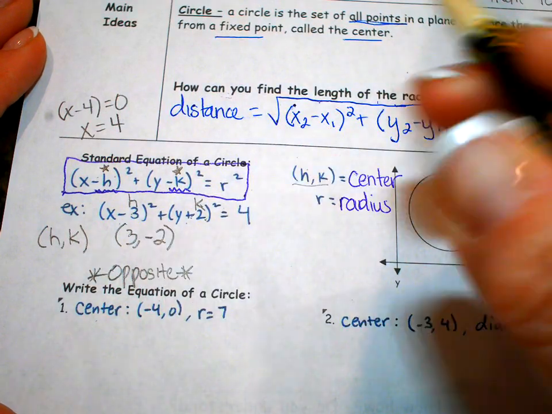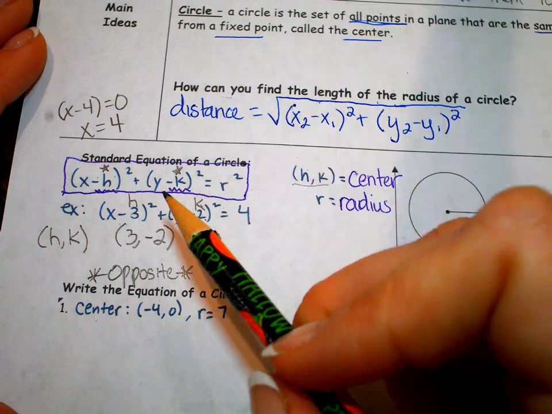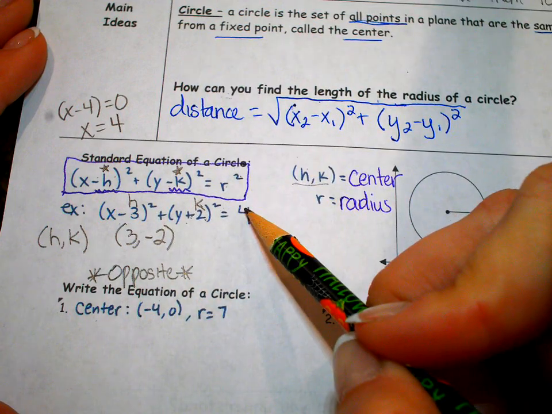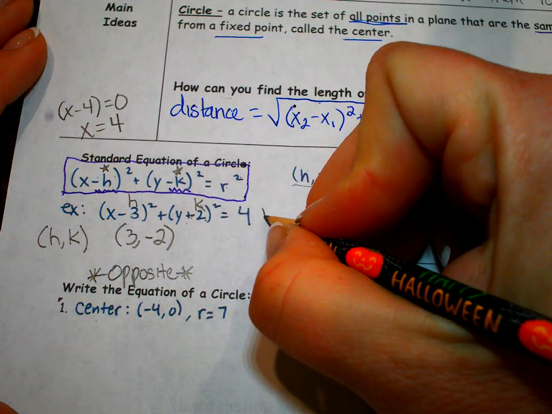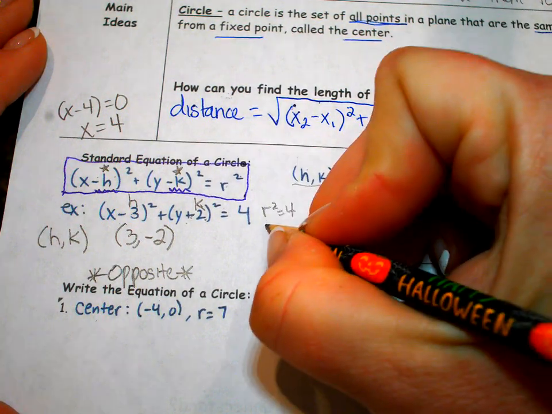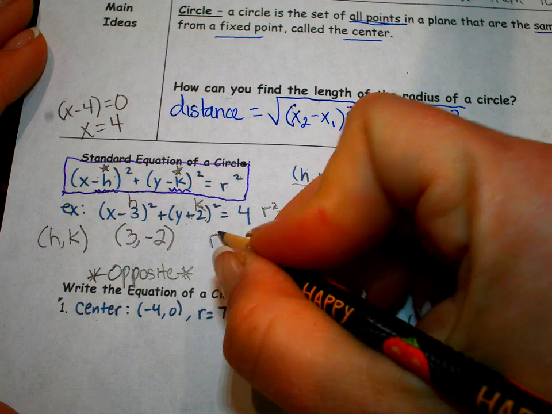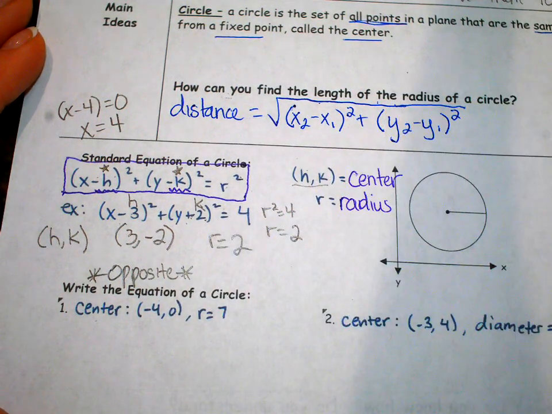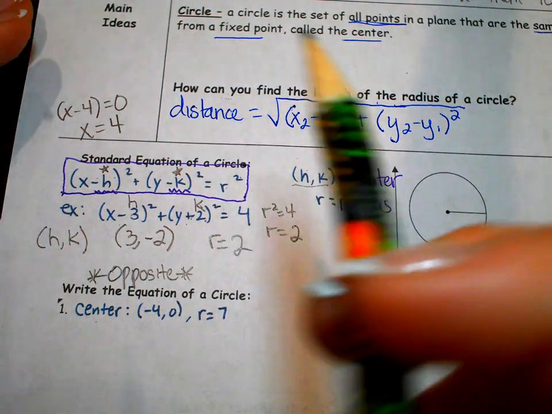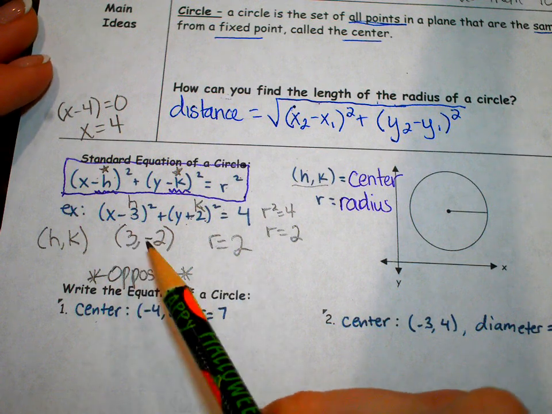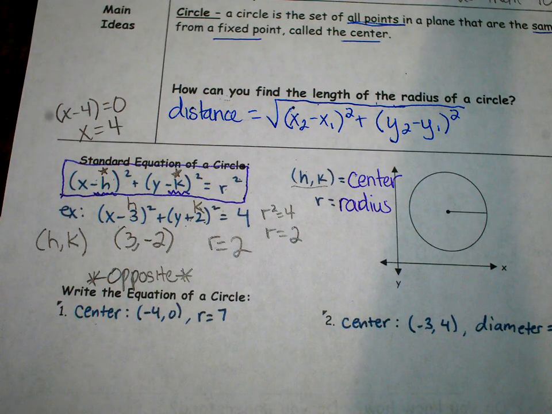Now, in the formula, it says r squared. So 4 is r squared. Well, if r squared equals 4, what does that mean r is? R is going to be 2, right? So I've got a radius of 2, and my center of my circle is at 3, -2.